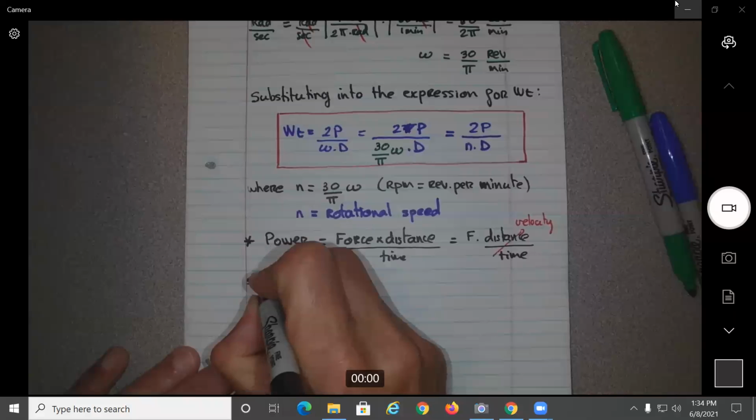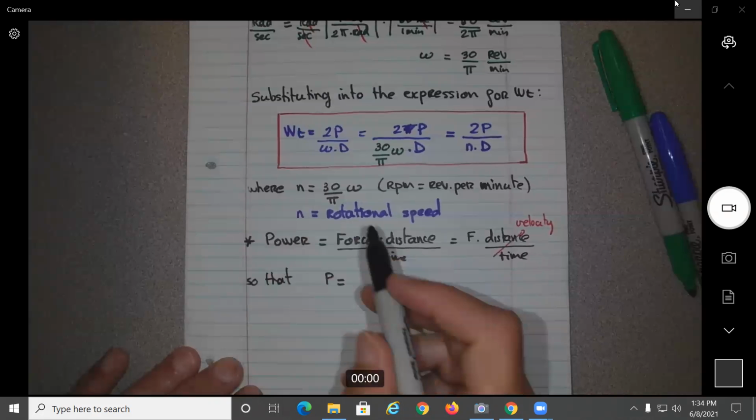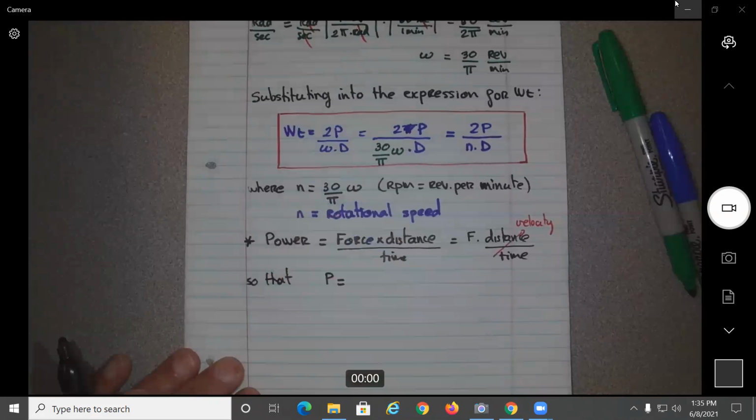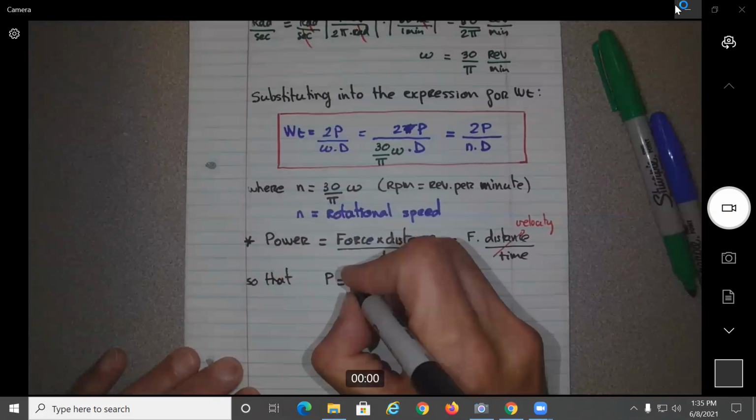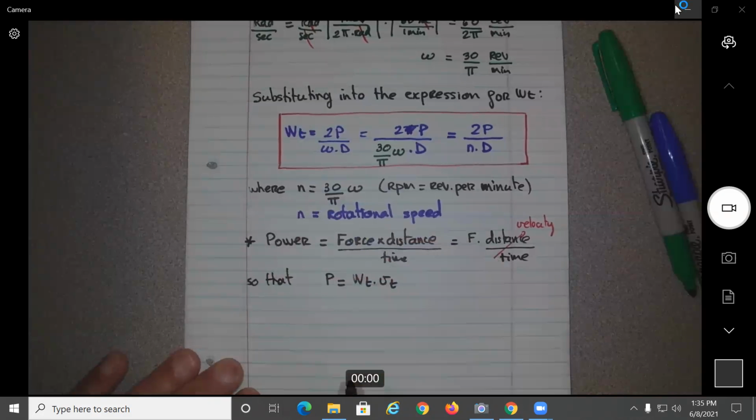Okay, so following this equation, we can say that the power generated by the force W_t would be equal to W_t times the velocity of that force.